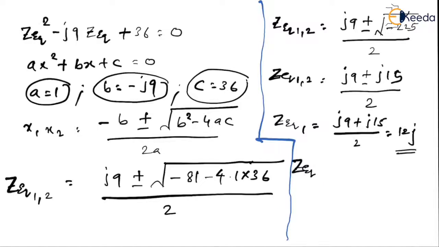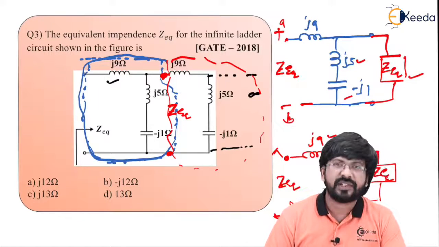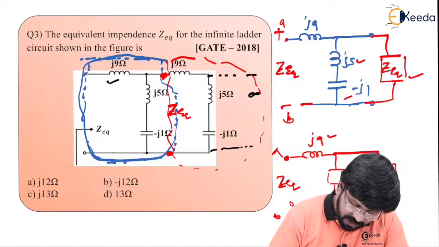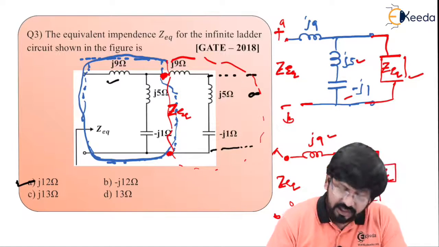Whereas z equivalent 2 is simply j9 minus j15 divided by 2. If you solve this, you'll get minus j3 ohms. Alright, let's see which answer is correct. As you can see, there is no minus j3 option here. What is the option? j12, which is option number A. So option number A is the correct option.